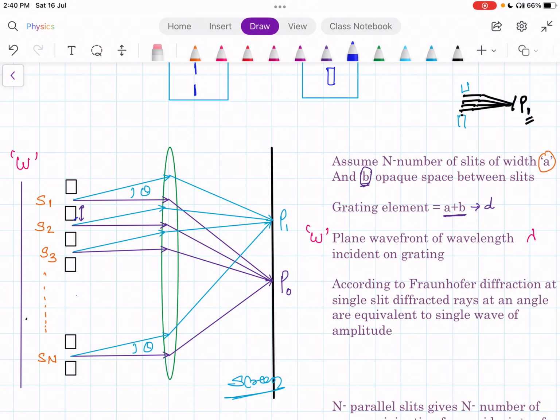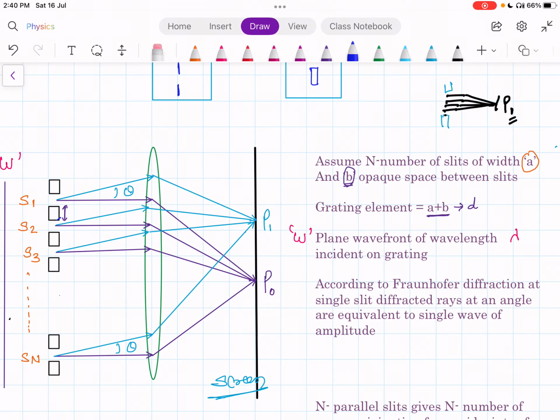But here it is not a single slit. There are n number of slits here. So according to Fraunhofer diffraction at a single slit, the diffracted rays at an angle theta from a single slit are equivalent to a single wave of amplitude Em sin alpha upon alpha. This is what we studied in Fraunhofer diffraction at a single slit.